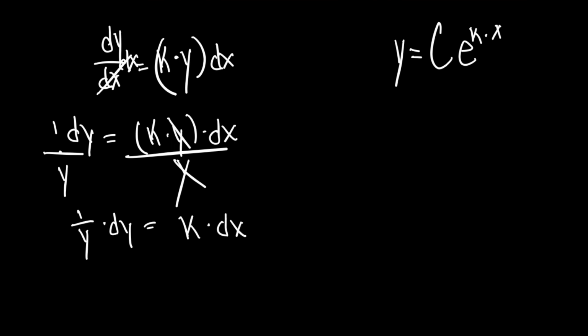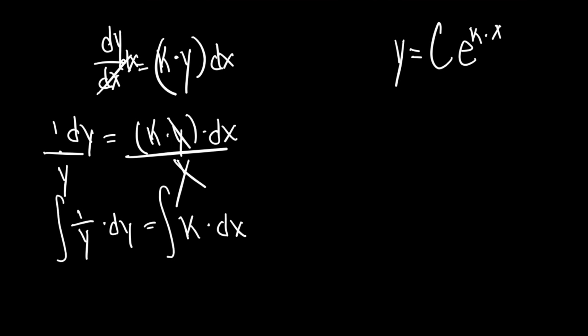Great. Now to find the solution, because the solution to a differential equation is the original function, and to find the original function we have to antiderive, we're going to antiderive both sides.